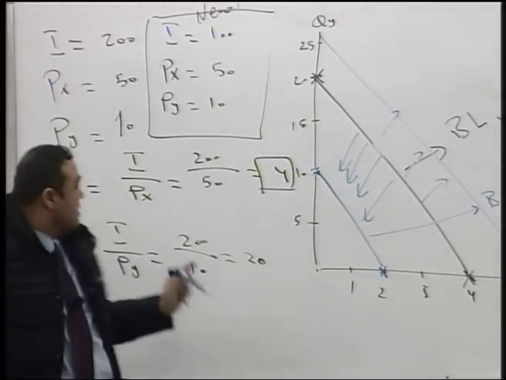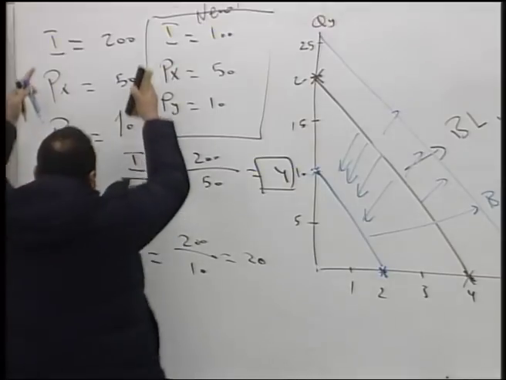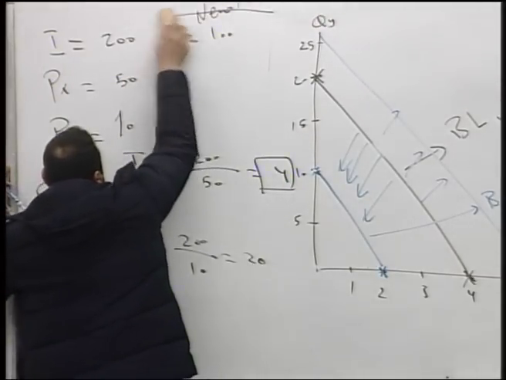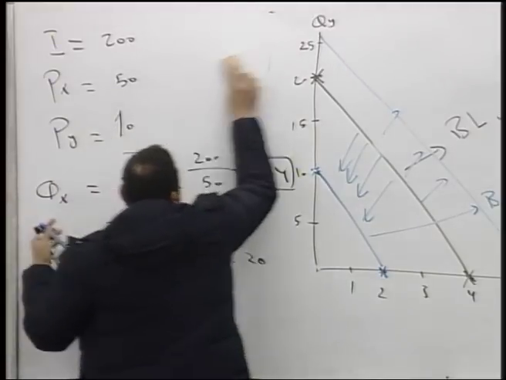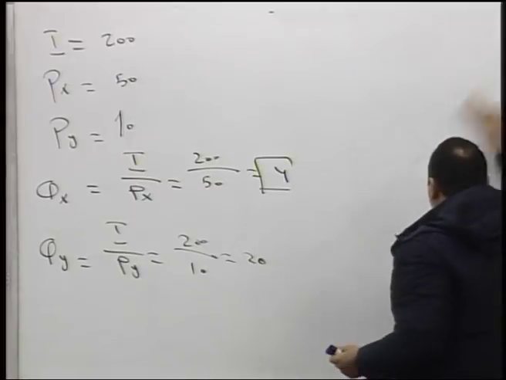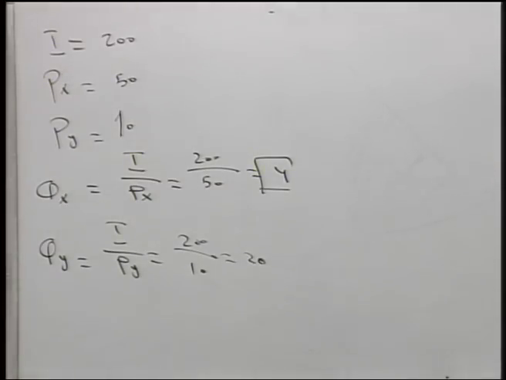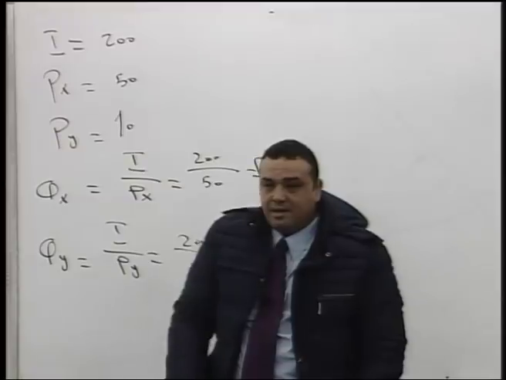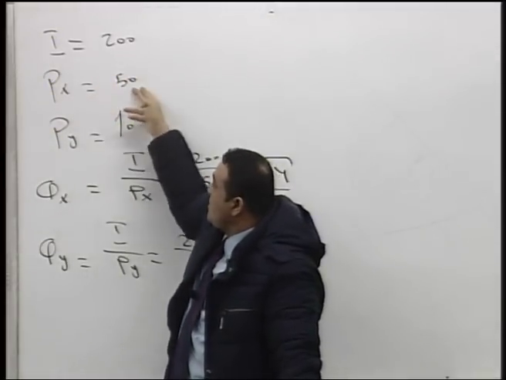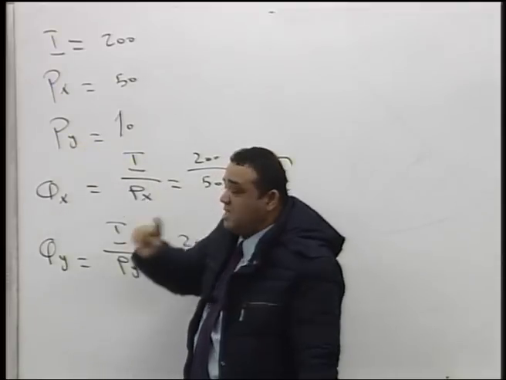But what will happen if the price of X declines? Let us assume we have the original, initial data, and we have derived the budget line. The consumer's income equals 200, the price of X is 50, and the price of Y is 10.